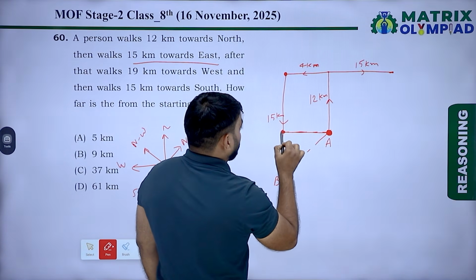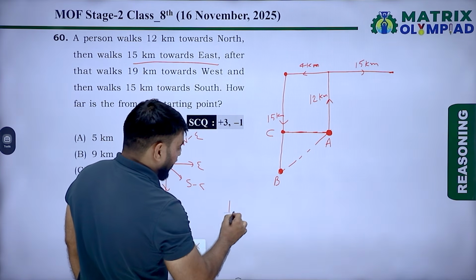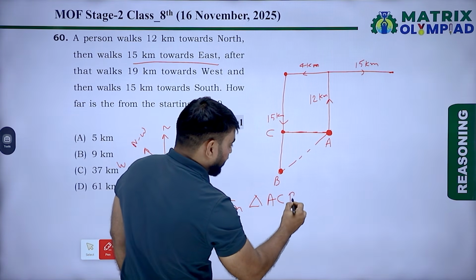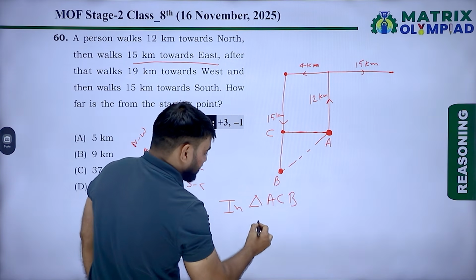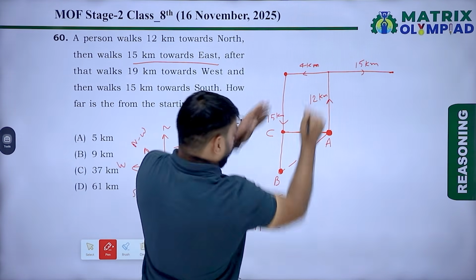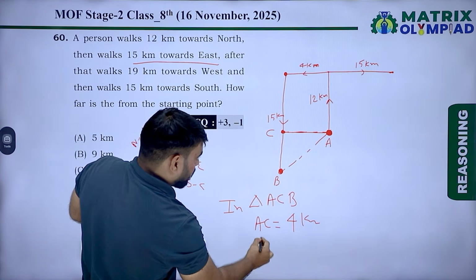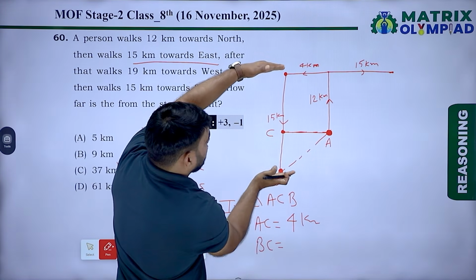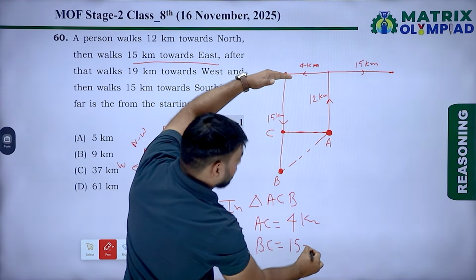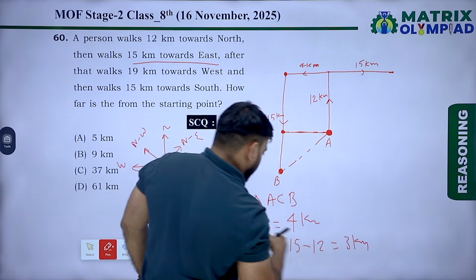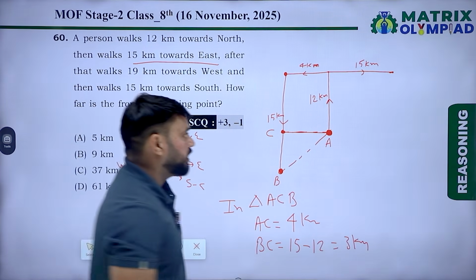Let's suppose this point is C. So in right angle triangle ACB, the value of AC is 4 kilometers. Now the value of BC is 15 minus 12, which means 3 kilometers. So the value of AC is 4 and the value of BC is 3 kilometers.